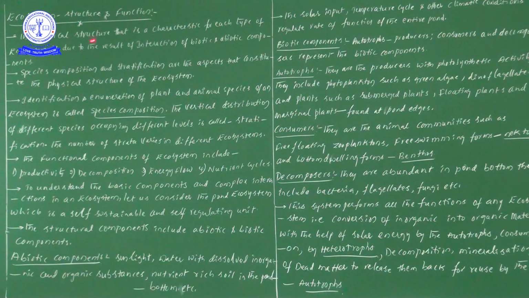Now, the physical structure is the characteristic for each type of ecosystem. The physical structure is characteristic of each ecosystem due to the result of interaction of biotic as well as abiotic components.